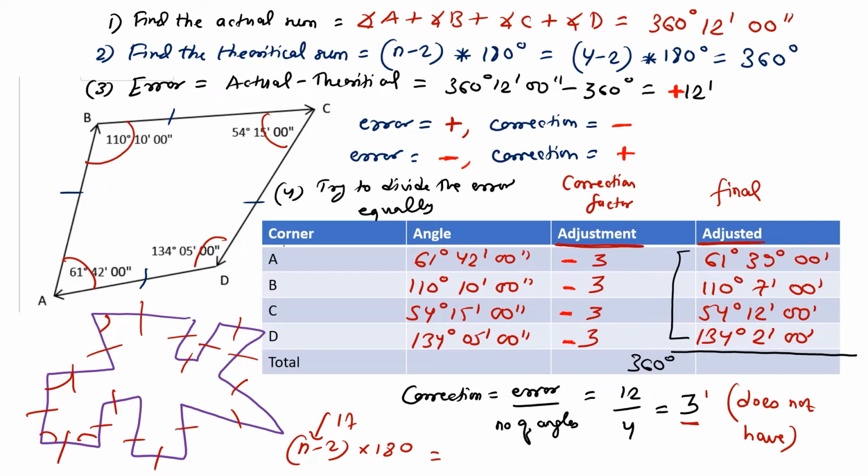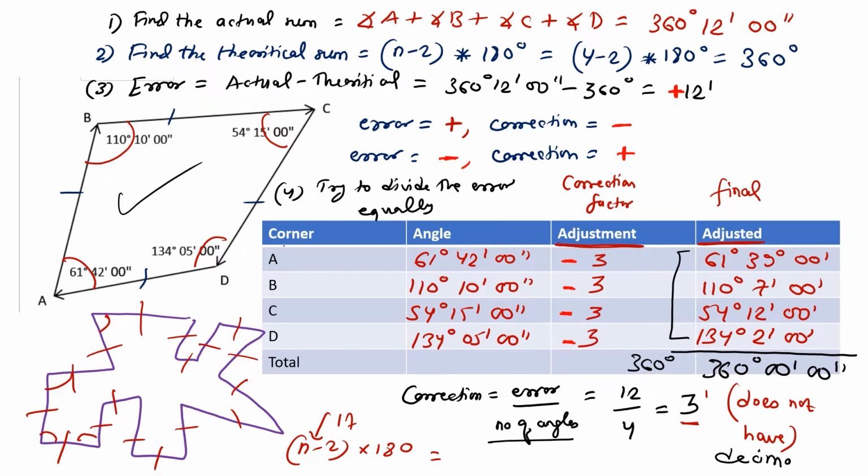But we need to double check our work and make sure that it is mistake proof. If I add all the angles, I get 360 degrees, and that is how I make sure that my corrections are mathematically correct. So this is how you adjust the angles when the error is divisible by the number of angles and you don't have any decimals.